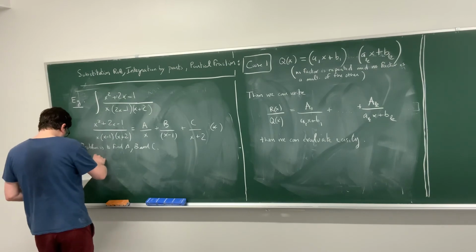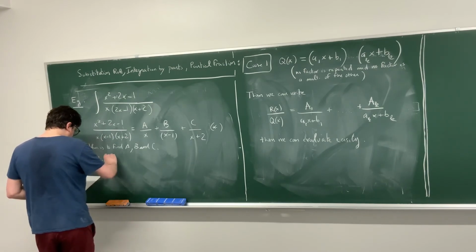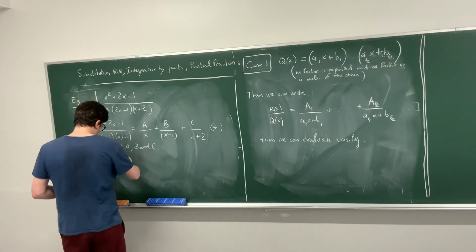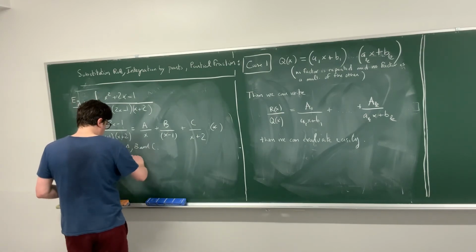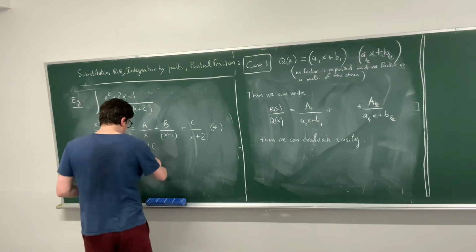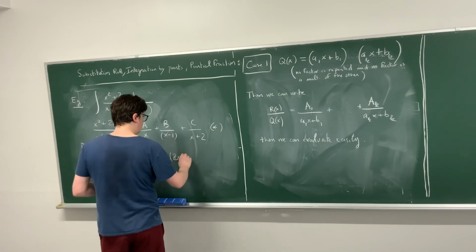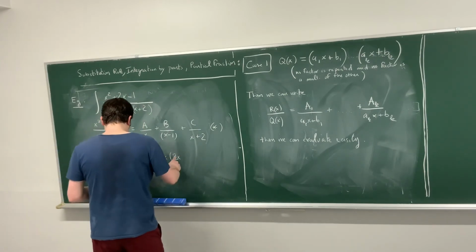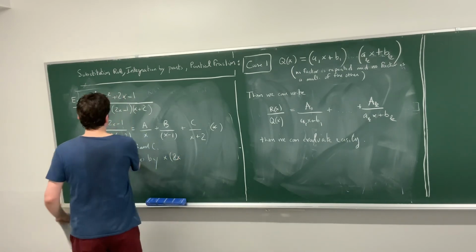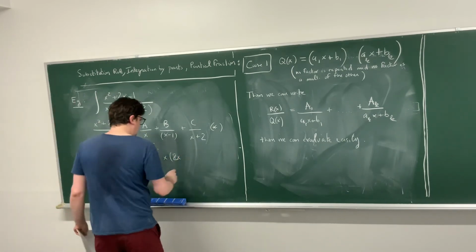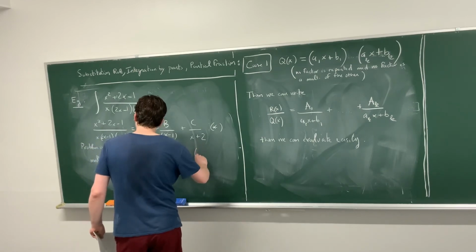We are going to multiply both sides by the denominator, 2x, so this was 2x minus 1, right? 2x minus 1 and times x plus 2.